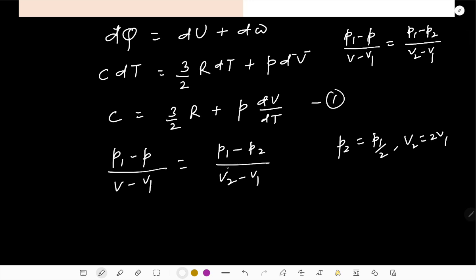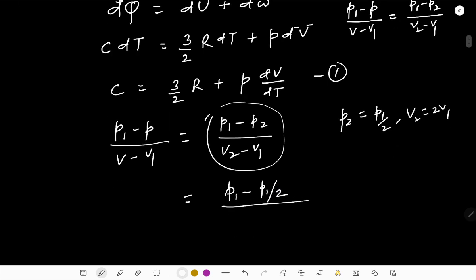Yeah, V2 is 2V1 and I'm going to use them at proper places. I want to write the right hand side of this equation in terms of P1 and V1 only. So I'll be writing P1 minus P1 upon 2 divided by 2V1 minus V1, and that simply gives me the whole thing.